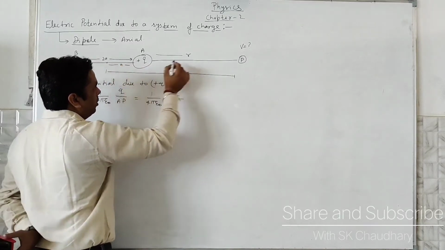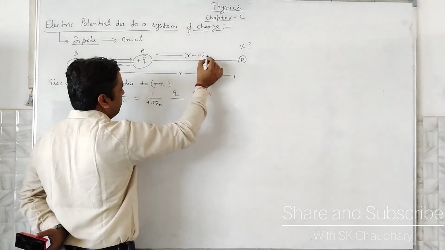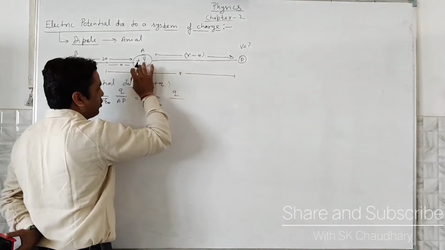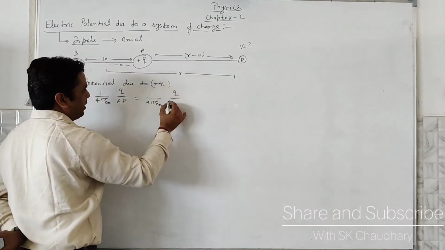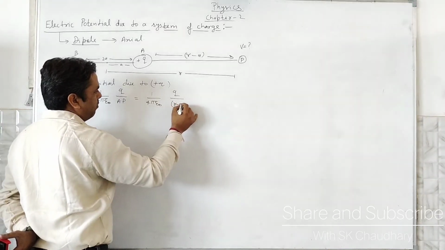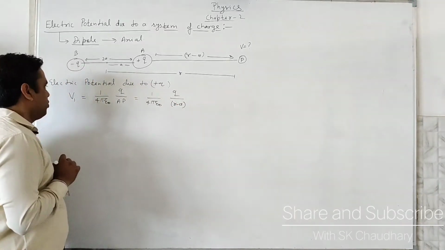The remaining distance between the positive charge and P will be R minus A. Okay, so that is V1.